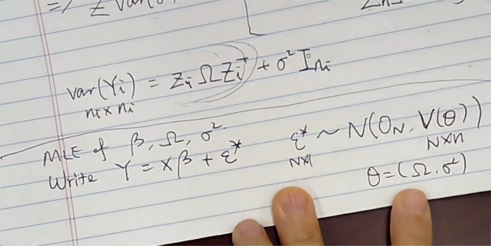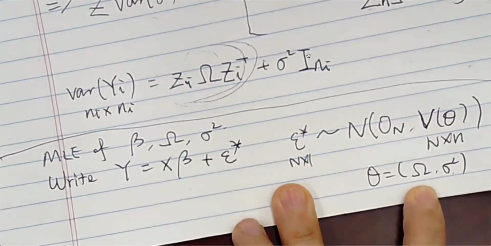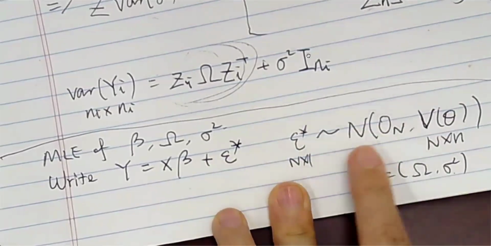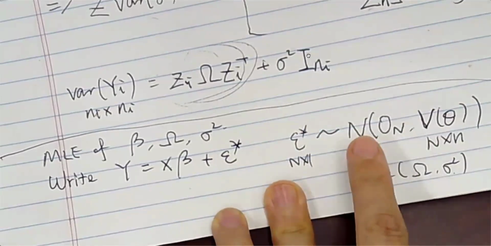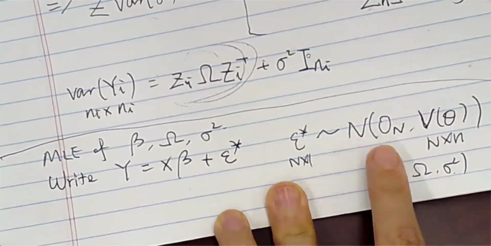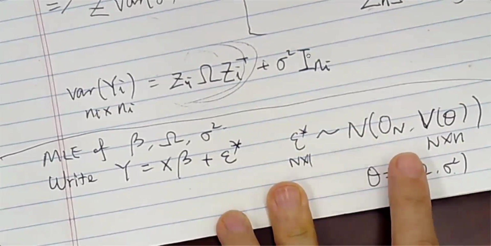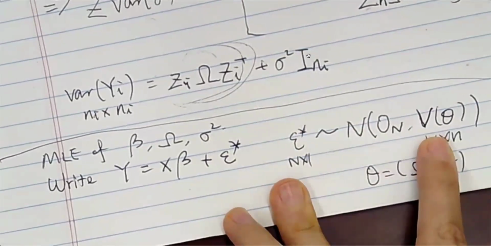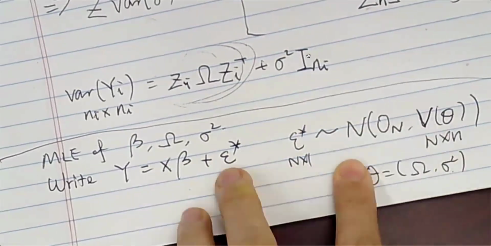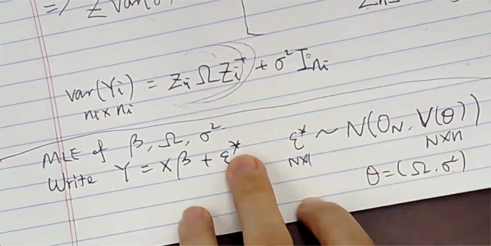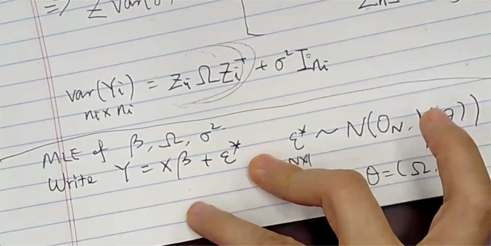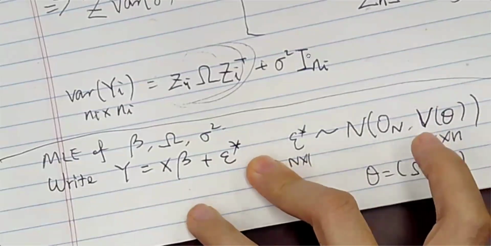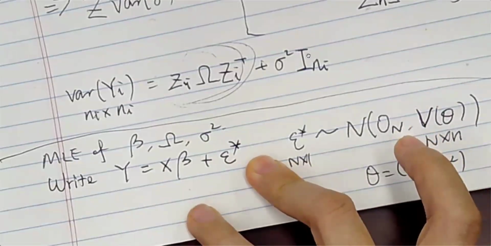If we put it this way, the only thing we care about is that it's still a normal distribution. Then we could treat this just as a weighted least square problem. The random error terms are not IID sigma square, but have a more difficult covariance structure to take into account, just like in the weighted least square problem.